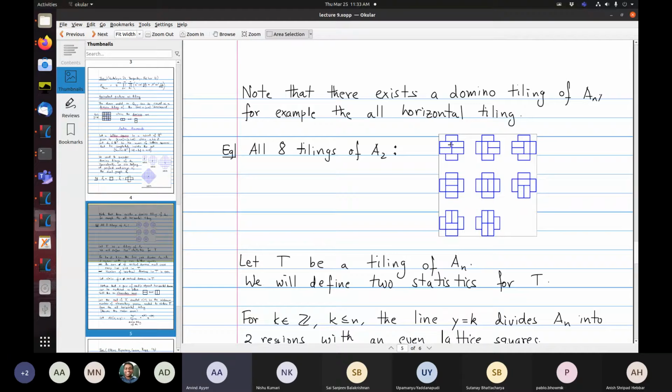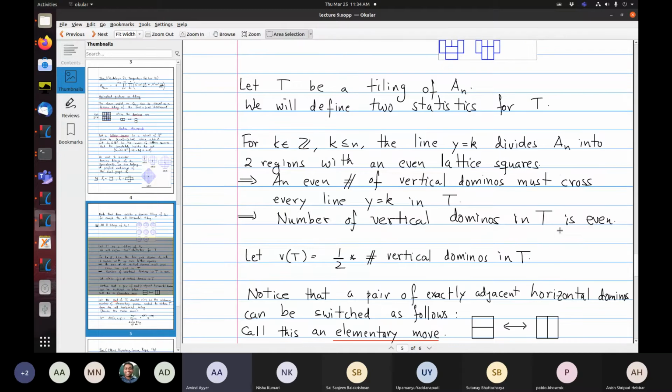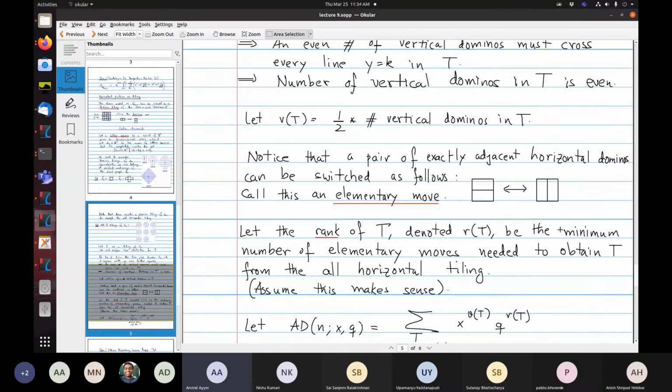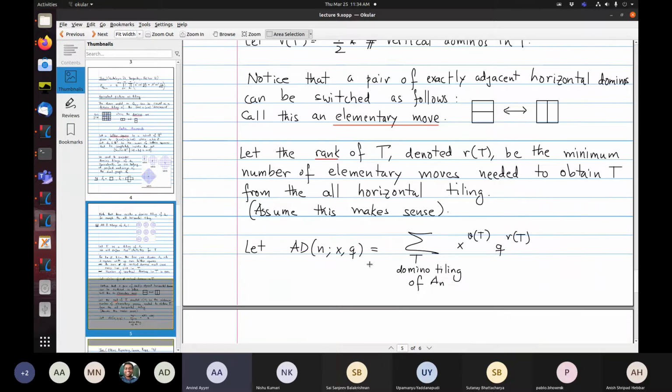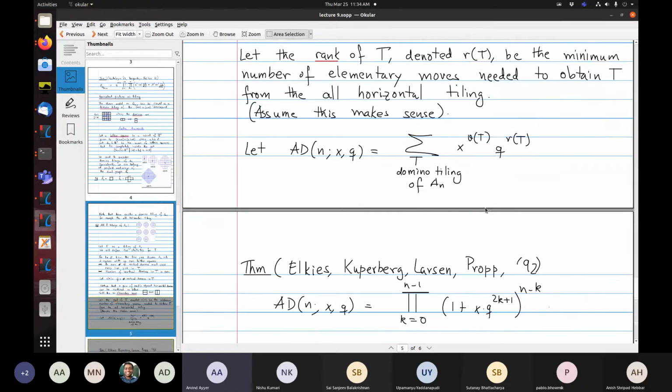So for A2 this was it, and we said that the rank is the minimum number of elementary moves starting from the all horizontal tiling to get to any tiling T, and we defined this generating function, polynomial in x and q, x raised to v of T, which is half the number of vertical dominoes, and q to the r of T, where r is the rank.